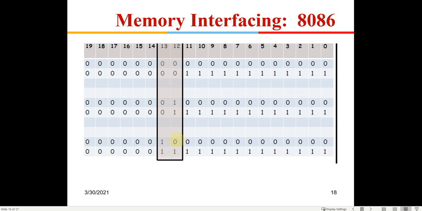In this case, this is 0 and this is 1 because this is 4 KB memory, so it requires a total of 13 bits. We have put 1 1 here to distinguish between this bank and these banks. So 00, 01 and 10 will give 3 different unique combinations for the 3 different sets of memory.